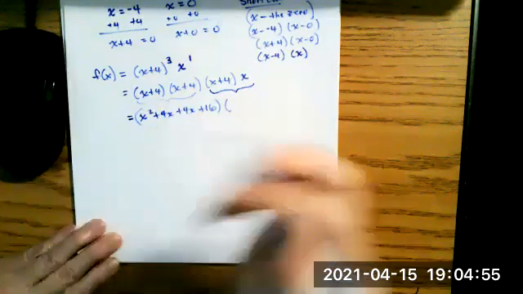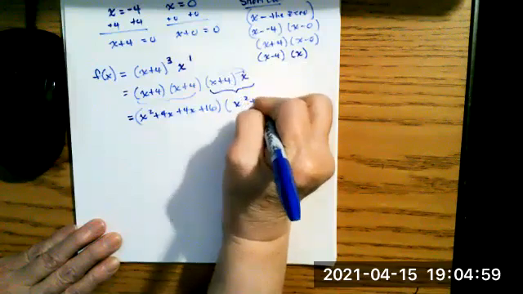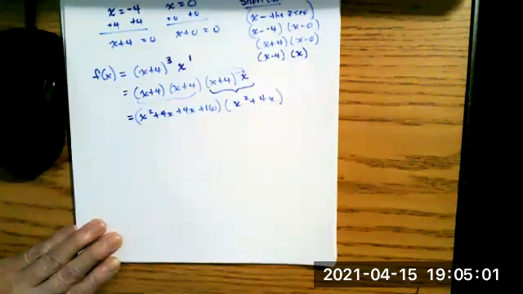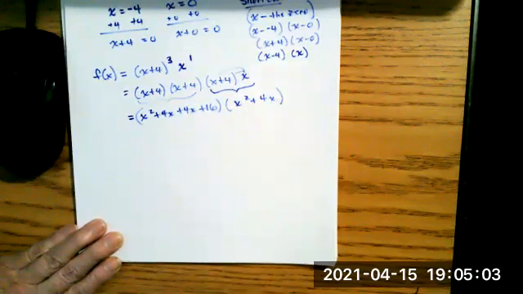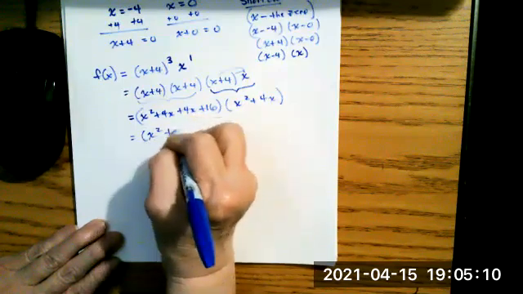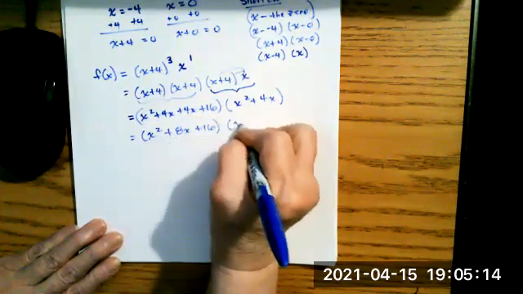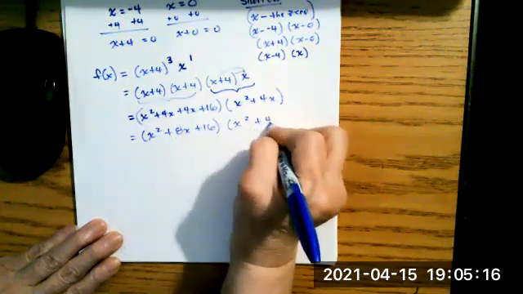Now if I multiply these two, I'm going to distribute that x, and I get x squared plus 4x. Okay, this is going to simplify to x squared plus 8x plus 16 times x squared plus 4x.